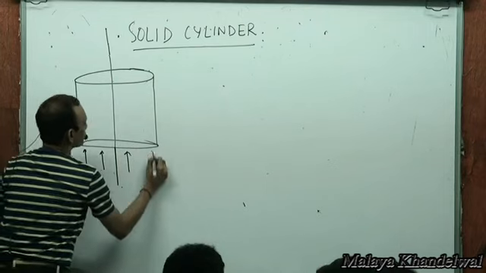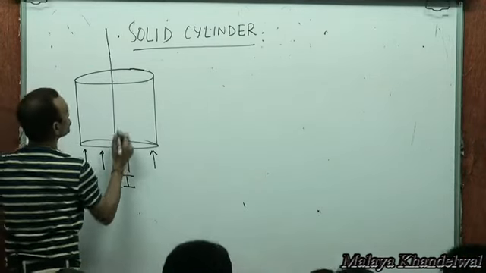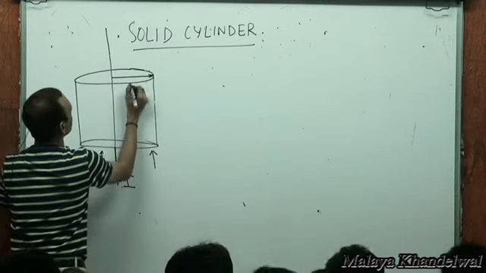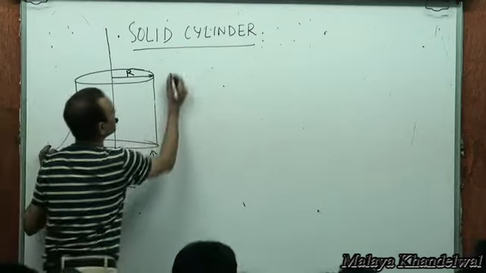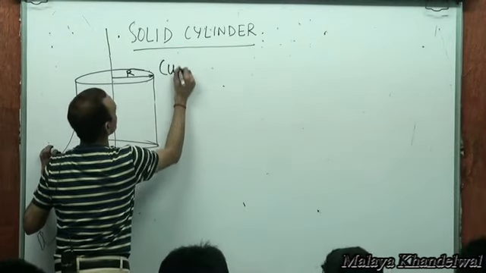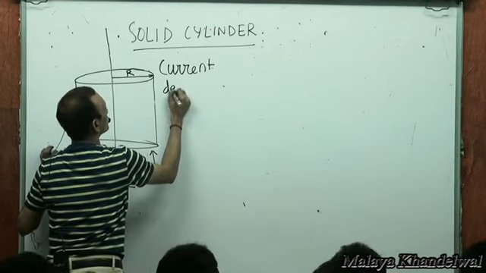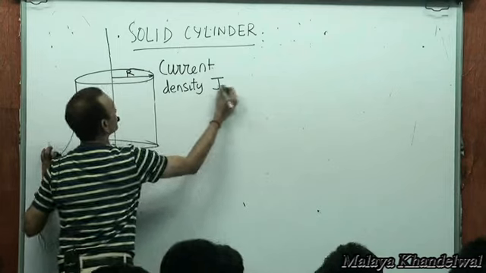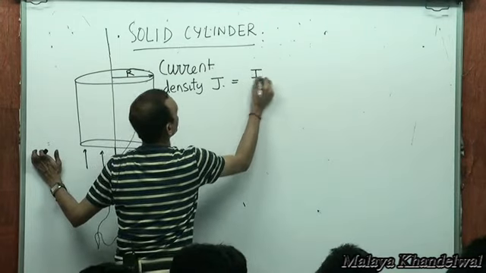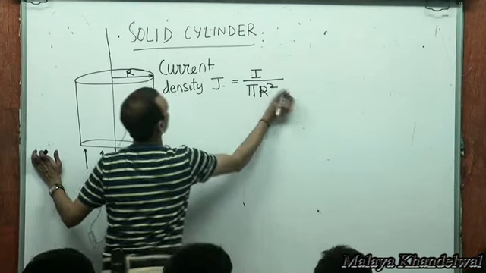A total amount of current I flows through a cross section pi r squared. So we define what's called current density J. J is I divided by pi r squared, current per unit cross section.